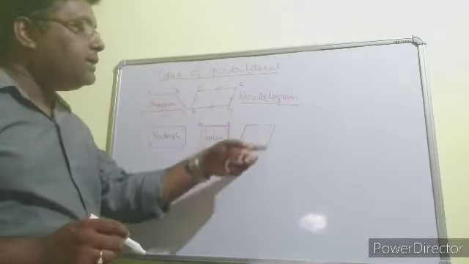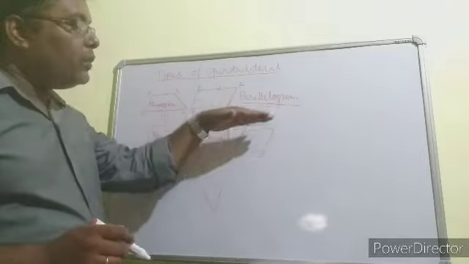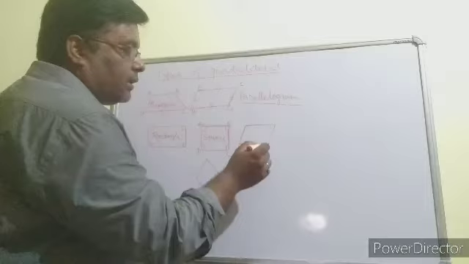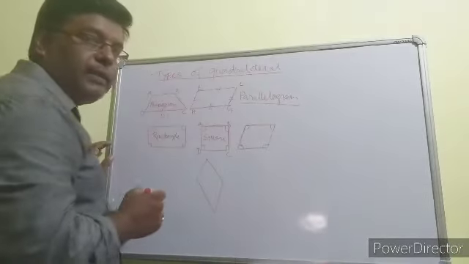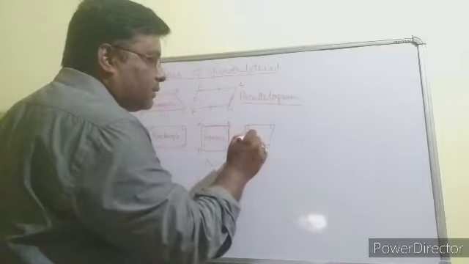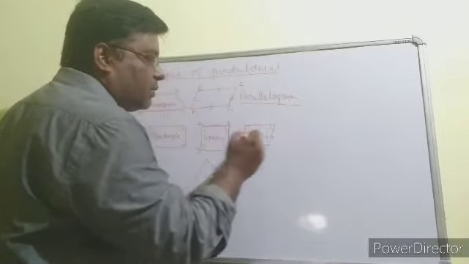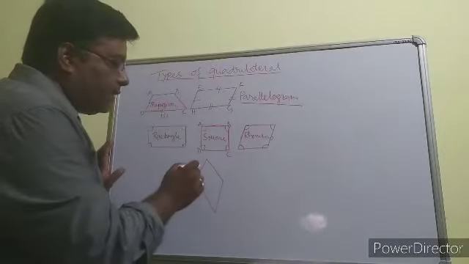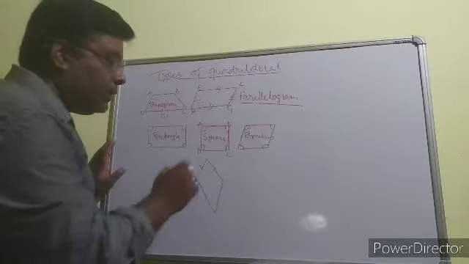That is, all sides are equal, opposite sides are parallel, but these angles are not 90 degree. Angles are different. Then this is called rhombus.